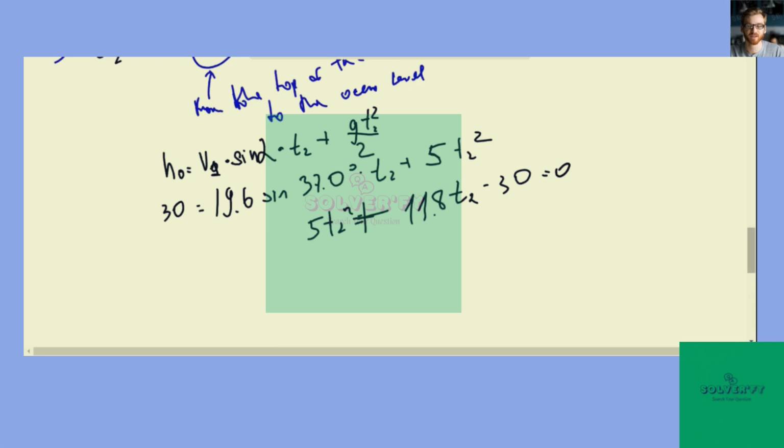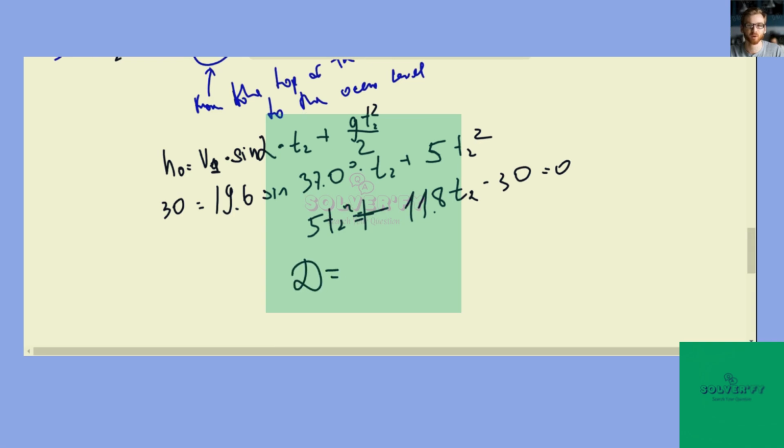So let's calculate the discriminant of this quadratic equation. It equals 11.8 squared plus 4 times 30 times 5. So it equals, oh sorry, 739.1.